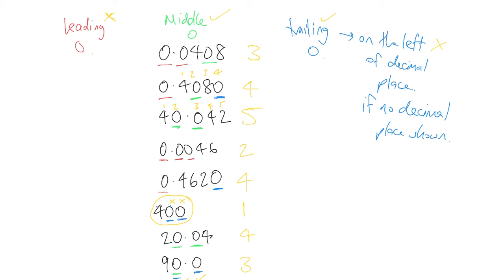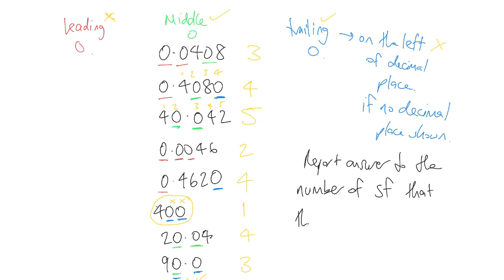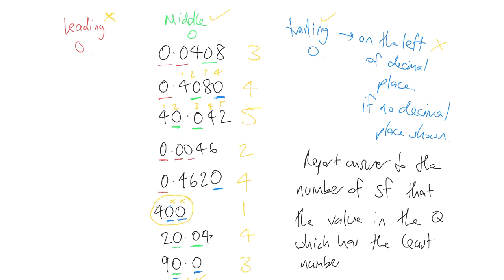You should report your answer to the number of significant figures that the value in the question which has the least number of significant figures has. So, I'm putting this on as a video, so you don't need to take a picture of it. All right? So, let's have an example of what that means.